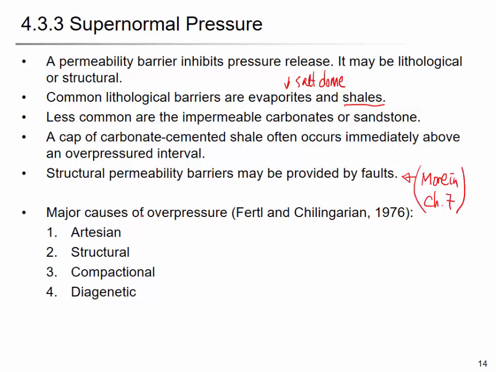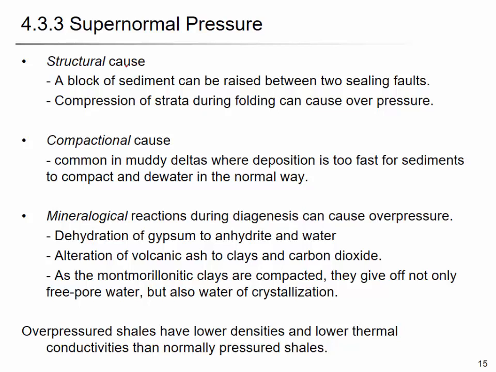So the major causes of the overpressure are, first, artesian and structural, compactional, and diagenetic. We'll talk about them briefly. The structural cause is that a block of sediment can be raised between two sealing faults, and compression of the strata during folding can cause overpressure.